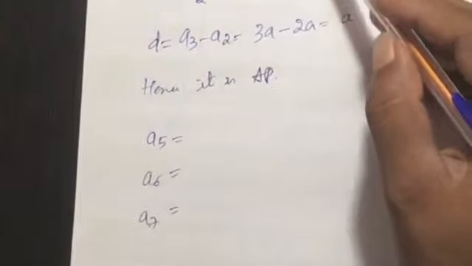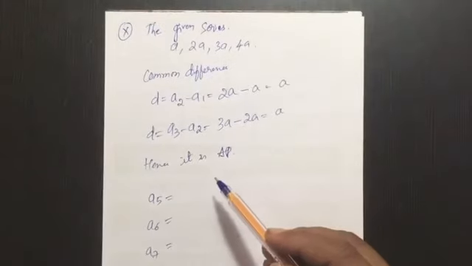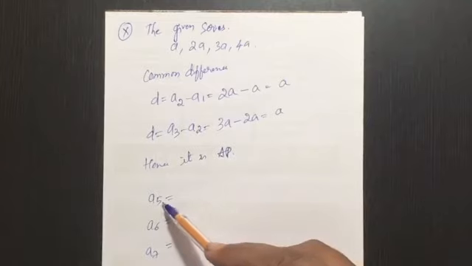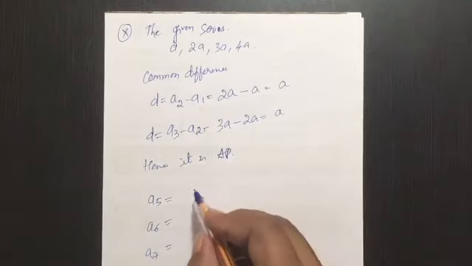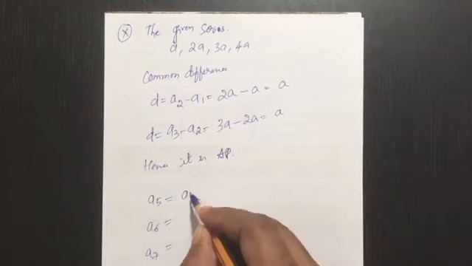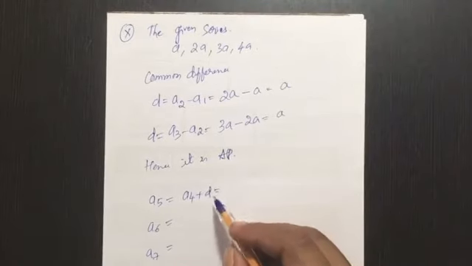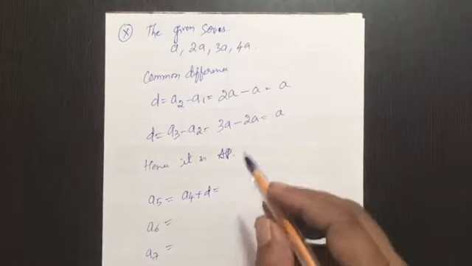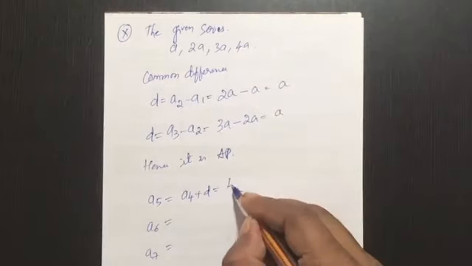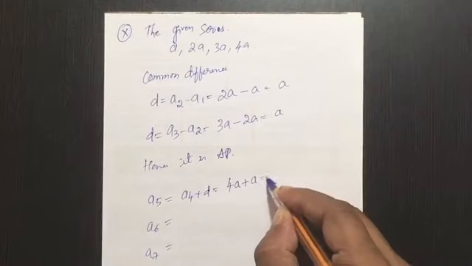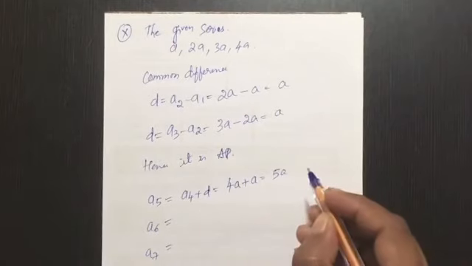By looking at the series, we can directly write or solve A5, A6, A7. A5 is A4 plus D. What is your A4? A4 is 4A, common difference is A, this becomes 5A.